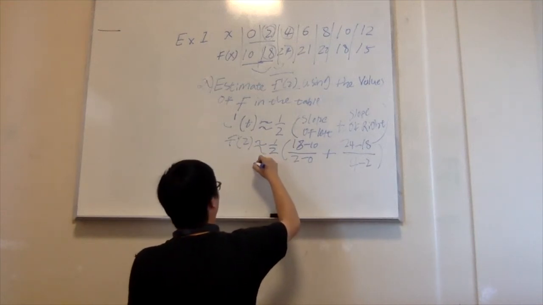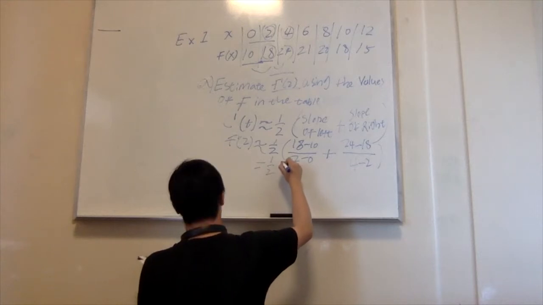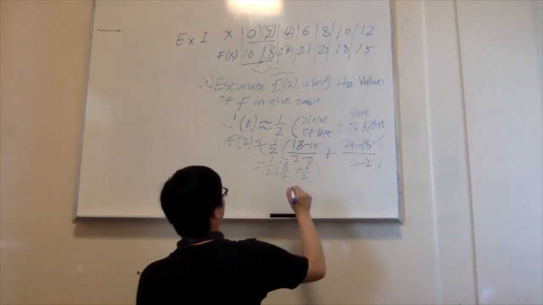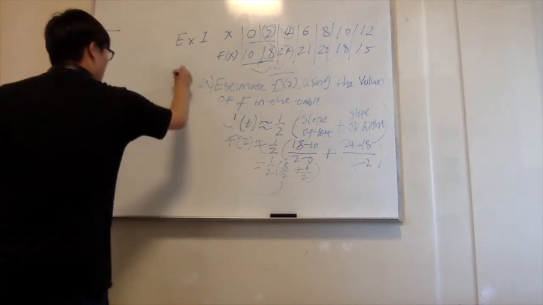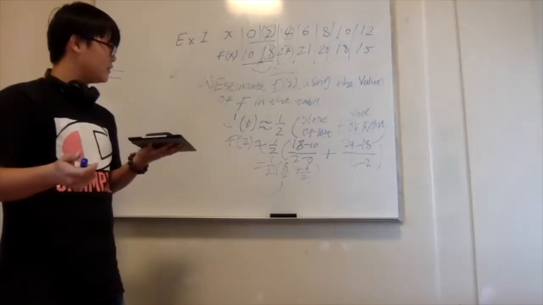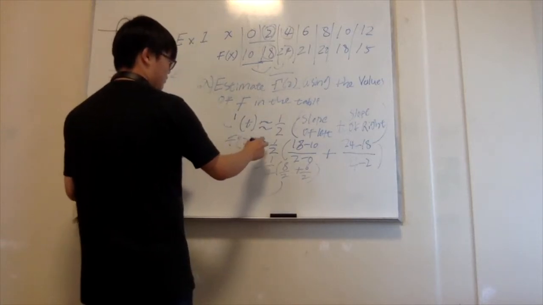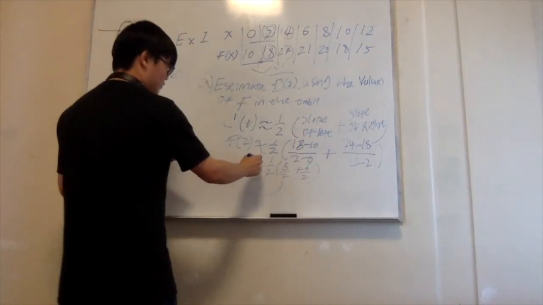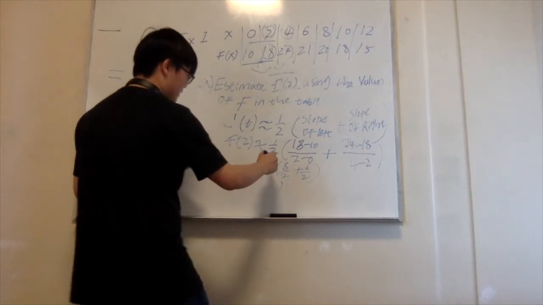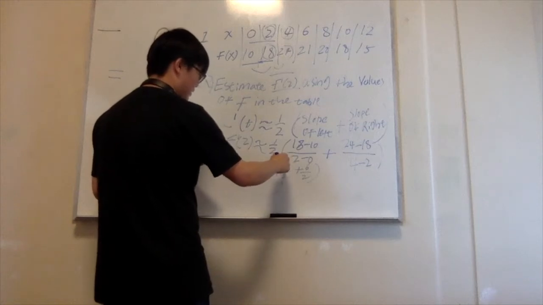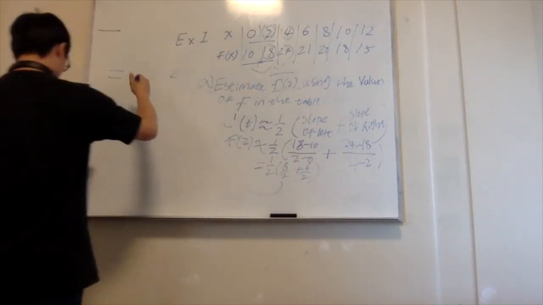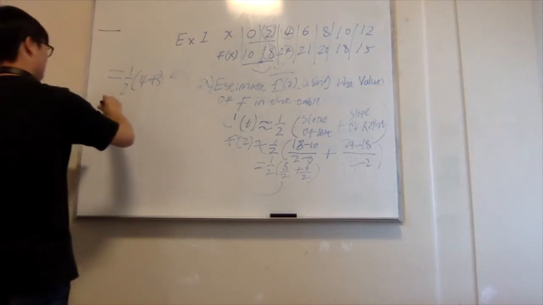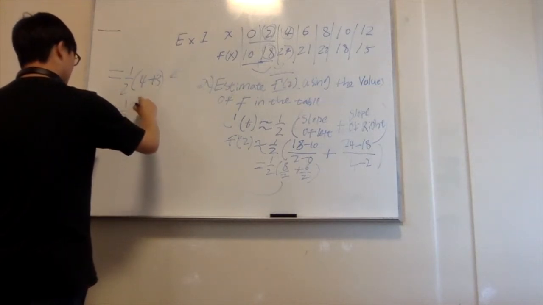So it will equal 1/2 times the slopes of left and right. If we do the math, it is 1/2 times, in parentheses, 8 over 2 plus 6 over 2, which is 1/2 times 4 plus 3, equals 1/2 times 7.